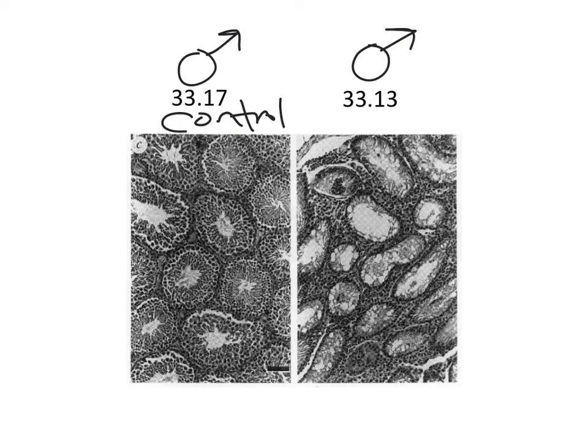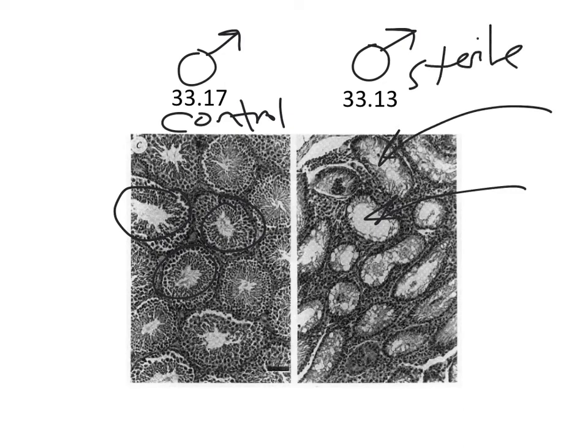The male on the left is fertile. The spermatiferous tubules are full of developing sperm, whereas the sterile male on the right, those same tubules are empty. Those are not generating mature sperm. And this happened to be that XX male.